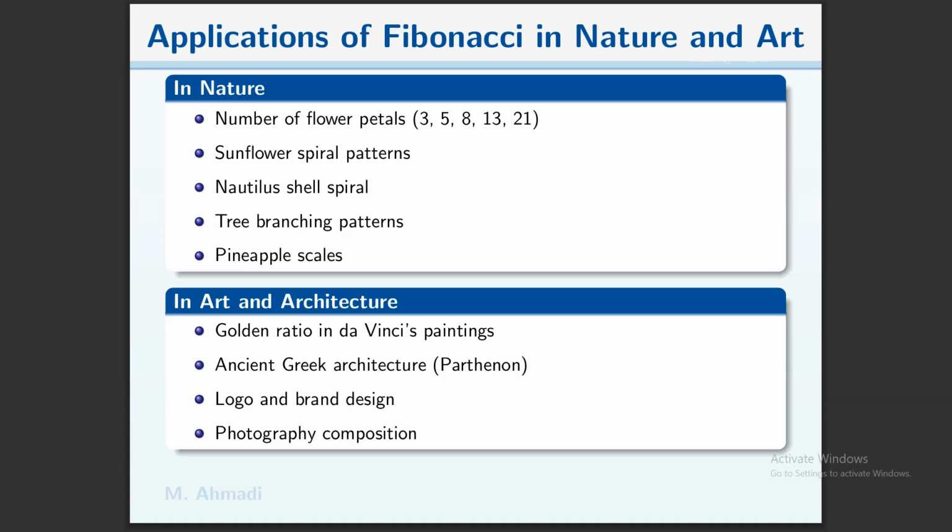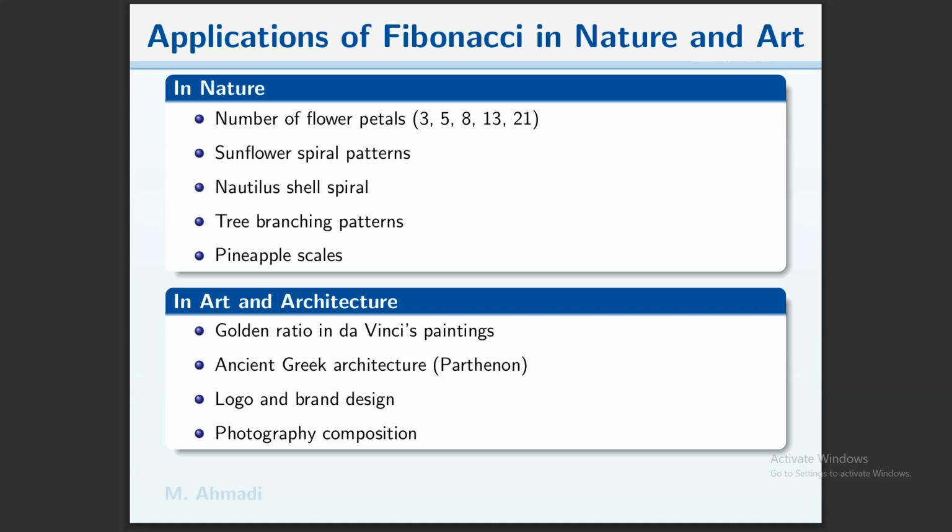In nature, the number of flower petals is 3, 5, 8, 13, 21, and there are sunflower spiral patterns, tree branching patterns, and pineapple scales. Also in art and architecture: the golden ratio in Da Vinci paintings, you can see the golden ratio in the paintings of Leonardo da Vinci.